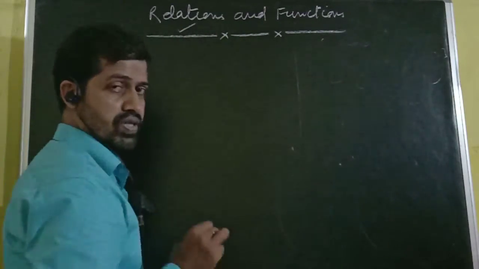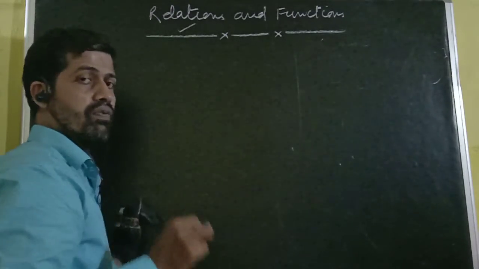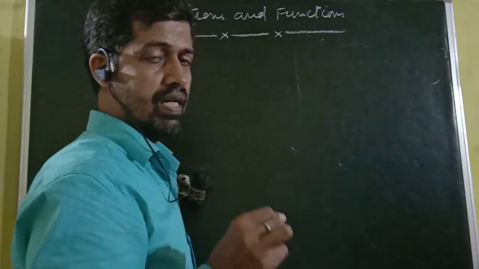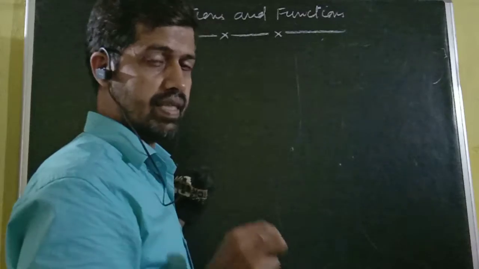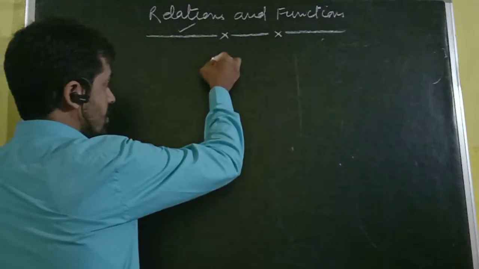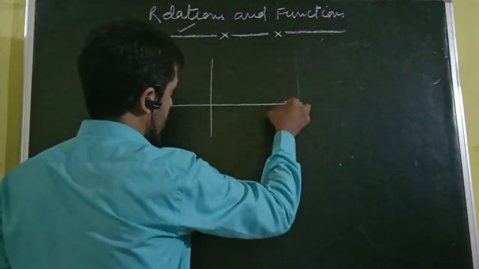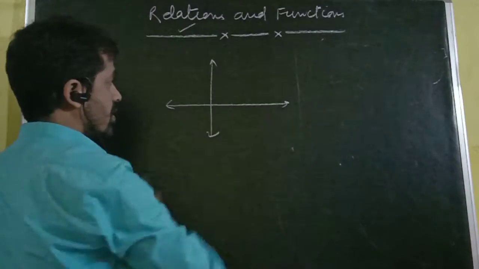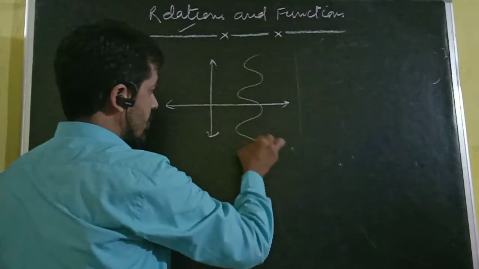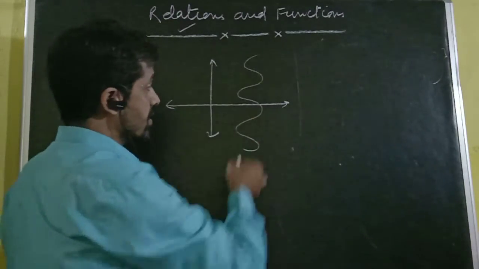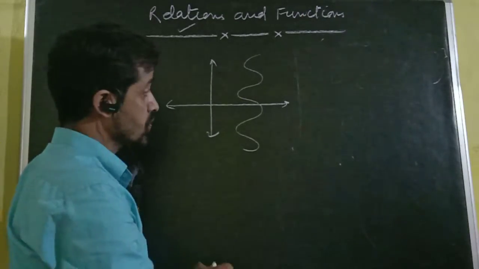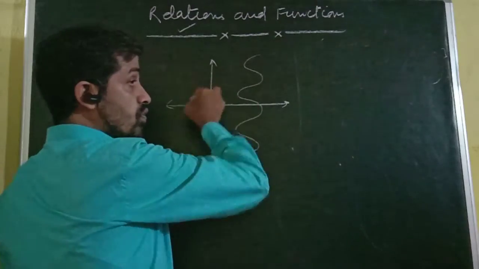If it is a graph of this kind, then we say that this is not the graph of a function because it is parallel to the y-axis.